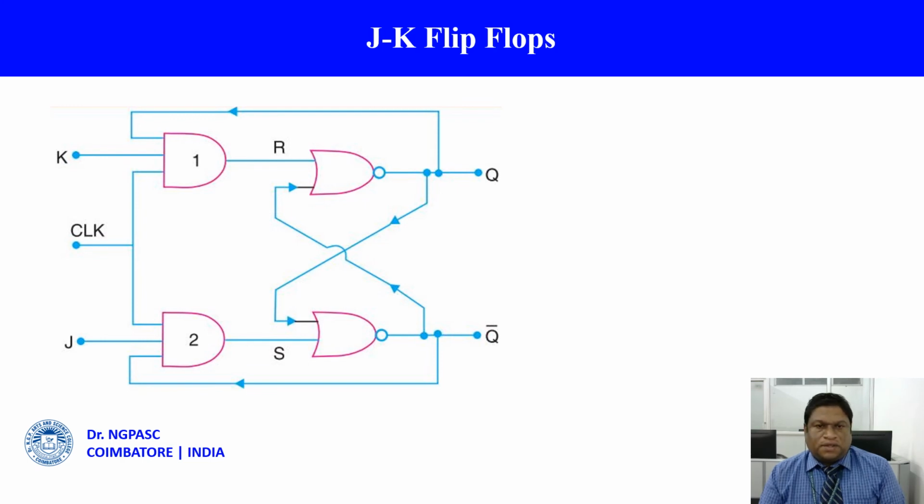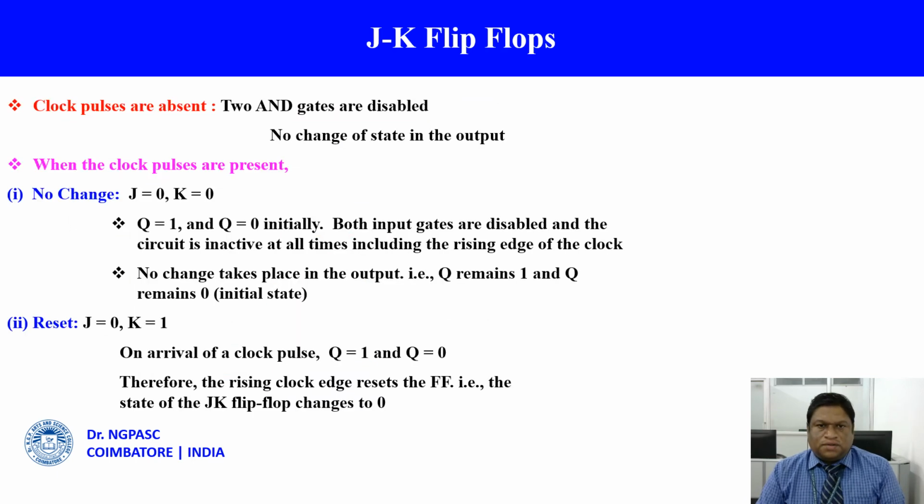These 3 inputs join together and make the final logic output for S as well as R. Here we have used a NOR gate for the JK flip-flop. Similarly, we can also use a NAND gate. So we'll see the truth table for this particular NOR gate based JK flip-flop.